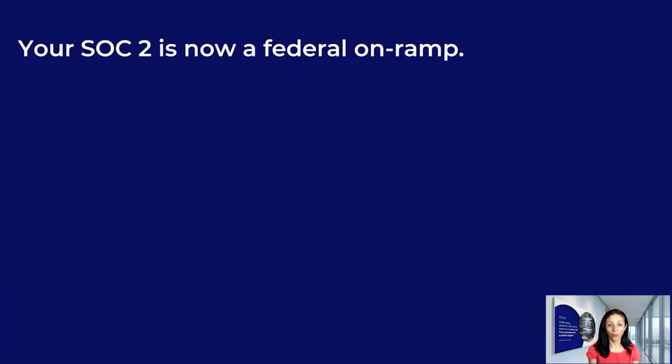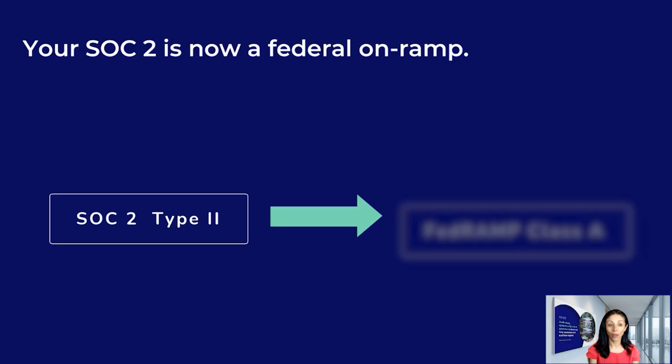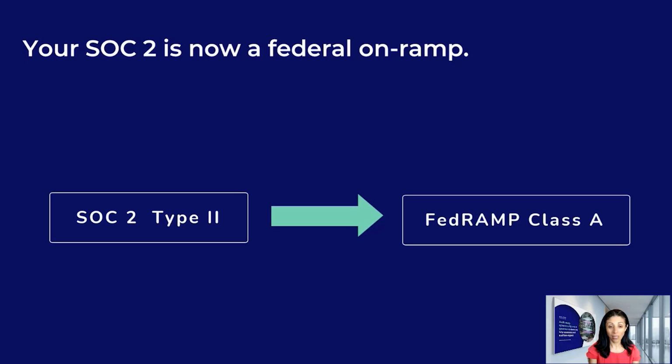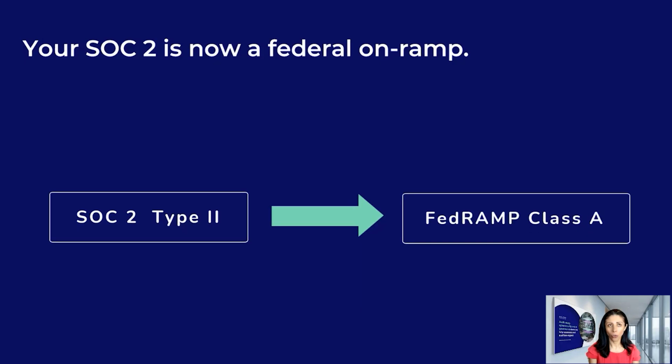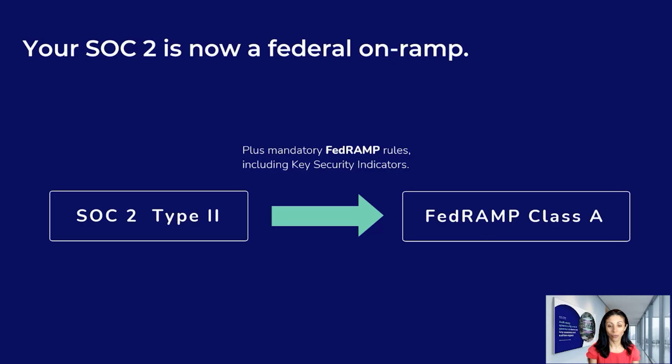and real-time evidence, or almost real-time evidence, to the government. So let's go back a little bit to Class A. As we said before, SOC 2 is now the federal on-ramp, because this plus a set of about 22 mandatory rules that you have to follow, and 7 KSIs versus the 50-something that exist at the moment, is what you have to do.